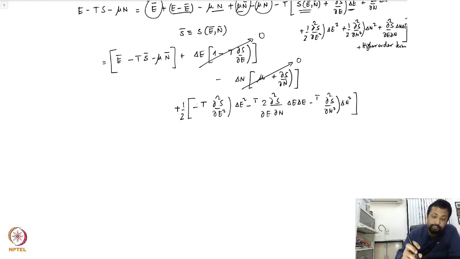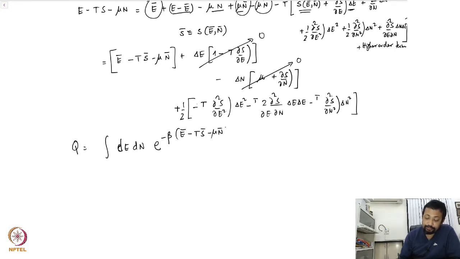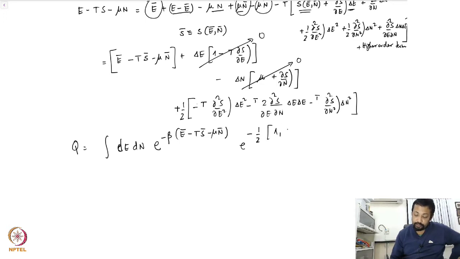So your Q of E, N becomes the integral dE dN e to the power minus beta E bar minus T S bar minus mu N bar, times e to the power minus half lambda 1 delta E square plus lambda 2 delta E delta N. I made the mistake here, this should not be delta E but delta E delta N, plus lambda 3 delta N square.